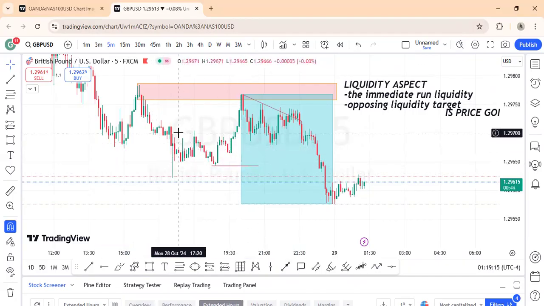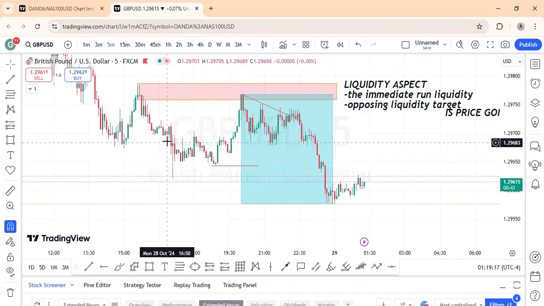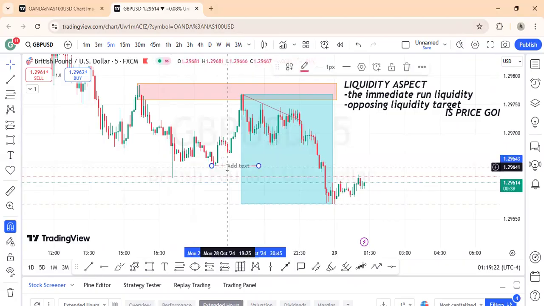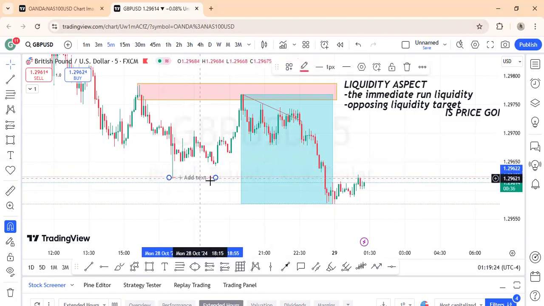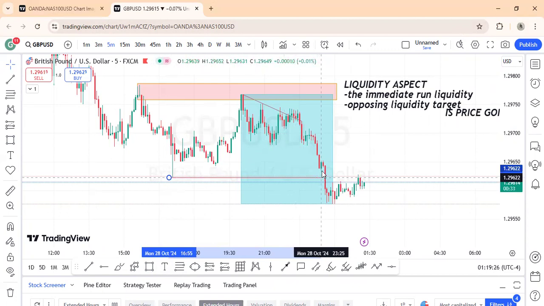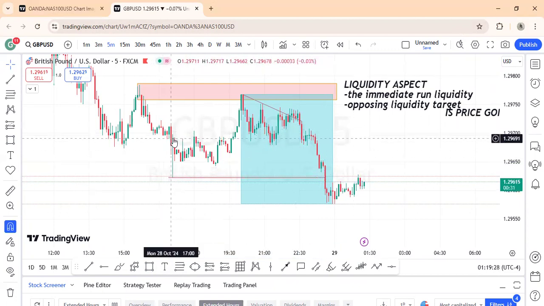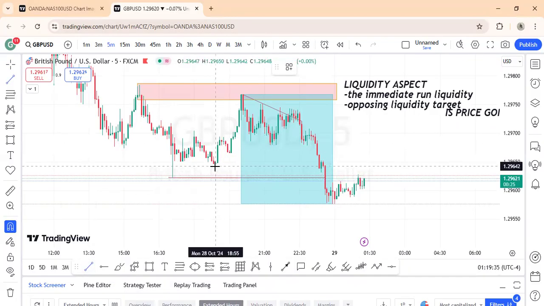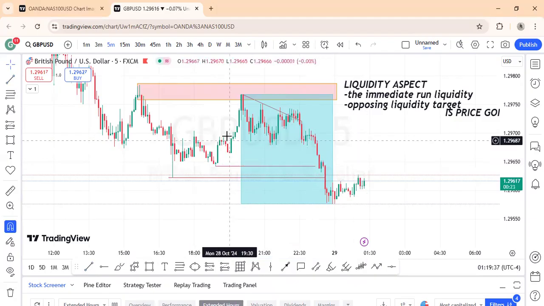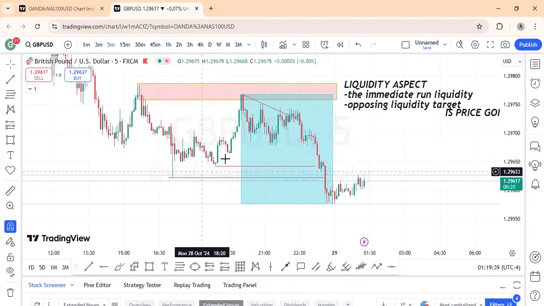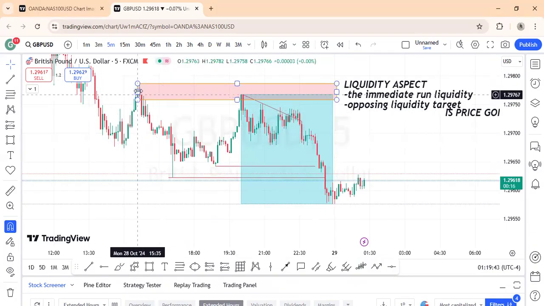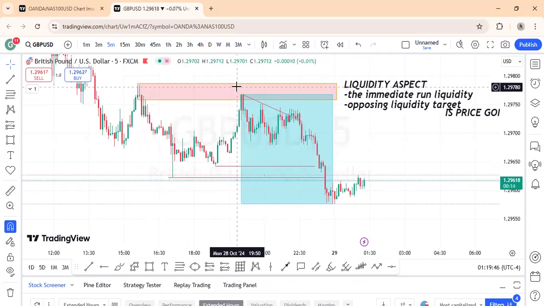Whenever I see long wicks, I like to use the one that goes to the body, because most of these wicks are manipulation. So I like to focus on the body of candles. If you want to use the wick, you are still correct, but I don't really like using a long wick as my target. For me, I would preferably use this one here because it is more direct.